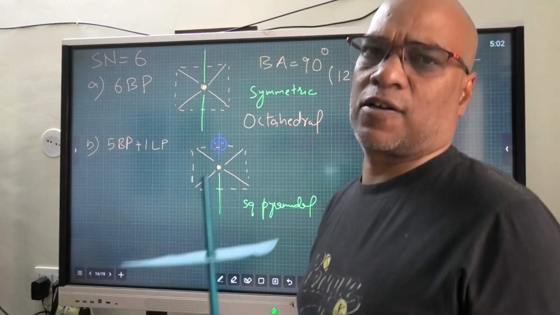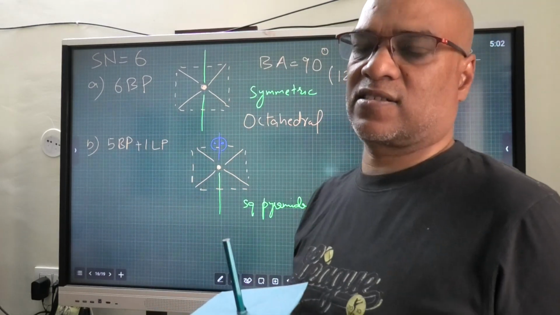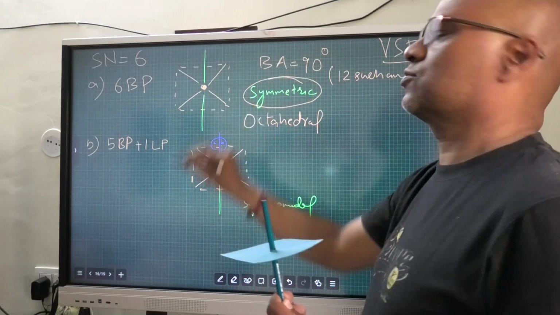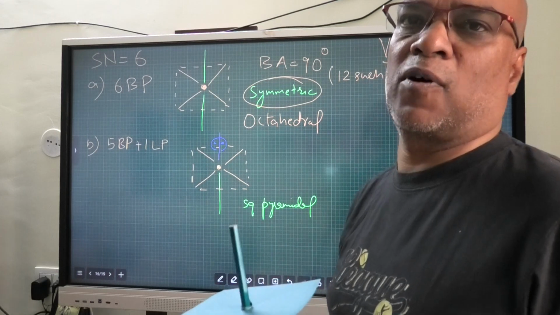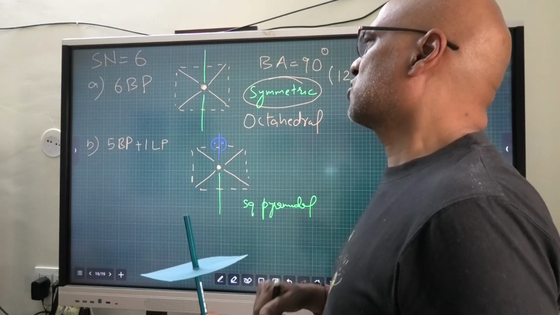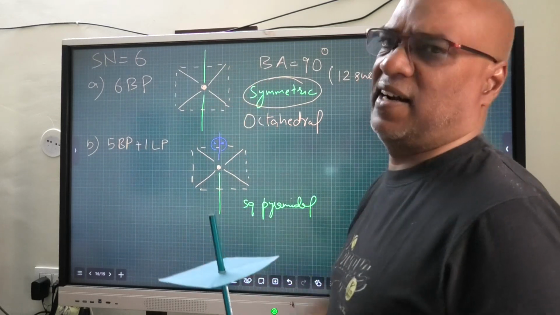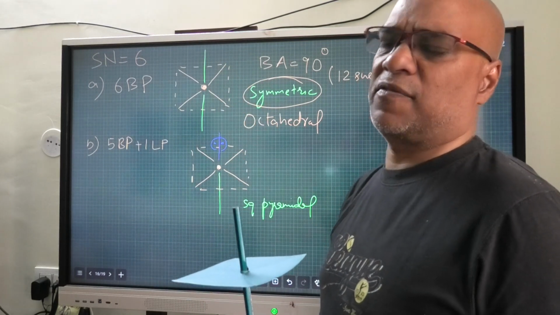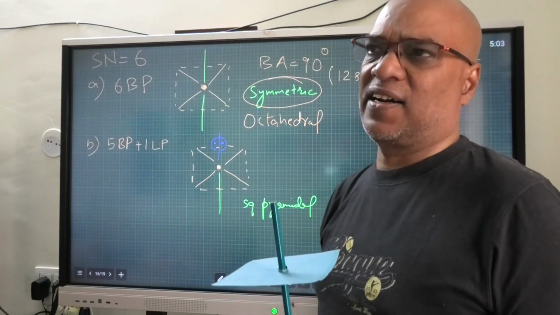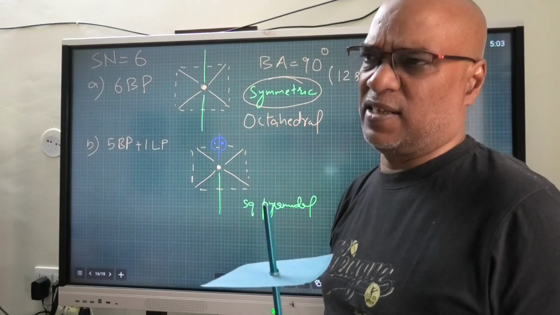Nowadays in the integer answer questions they are asking these types of questions. So it is symmetric. Symmetric means all bond angles are exactly the same. Sometimes people think that we can measure 180, but if all 6 bond pairs are there, the 180 bond angle cannot be measured.